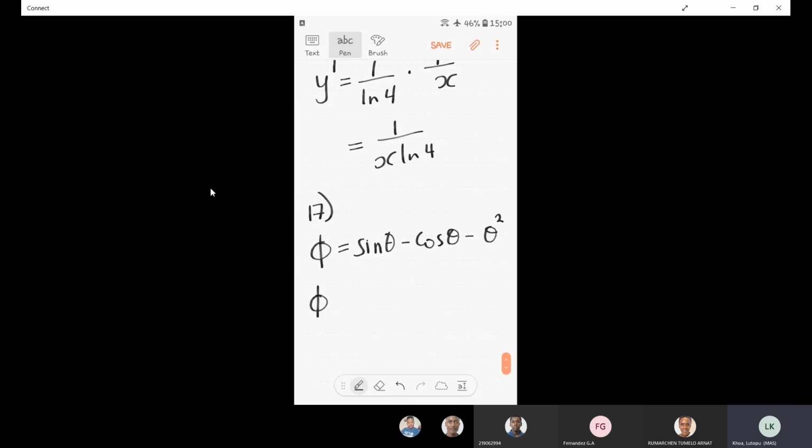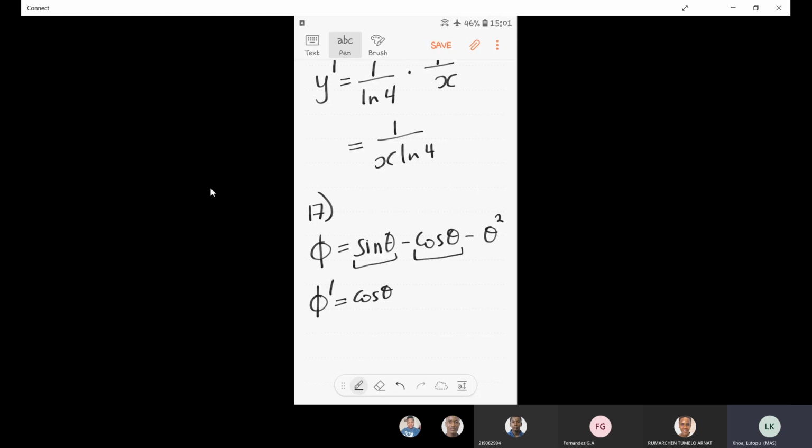So if I want phi prime, now sine theta, you go to your table. This is D6. So the derivative of sine theta is just cos theta. And then cos theta on your table, this is D7. The derivative of cos theta is negative sine theta.